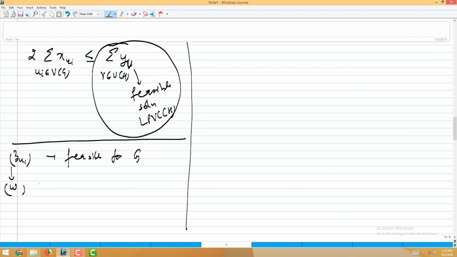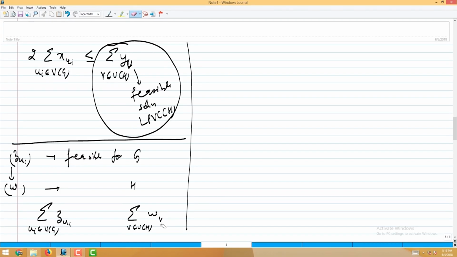Okay? And now what is the relation between their sizes? Suppose Z was a feasible assignment for G. Using Z, we constructed another assignment for H this way: for every vertex, we give the same assignment to both the copies in H as they were getting in G. This is how we got it.